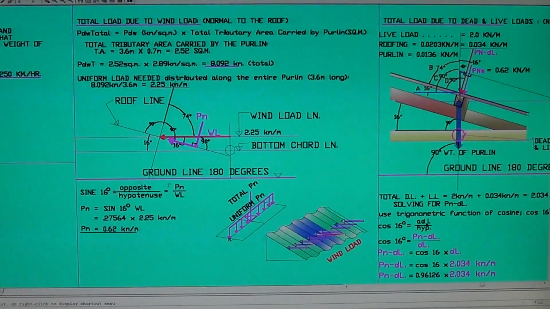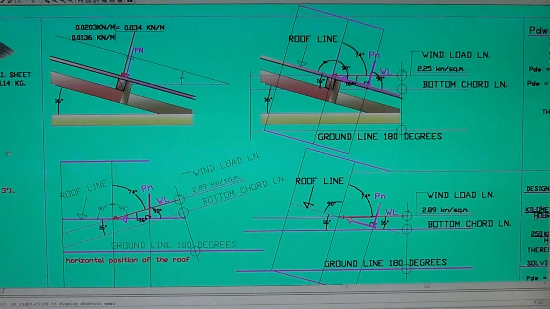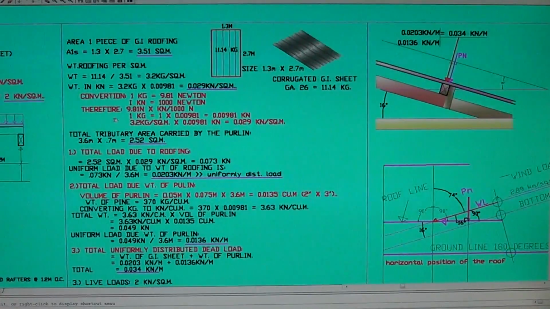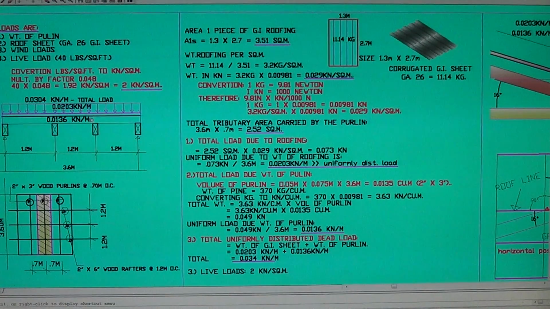Okay, 2.575 kilonewton per meter. I'm gonna go back there. You're gonna apply it here to the purlin, and this is the individual load. This is for the purlin, and this is for the roofing.